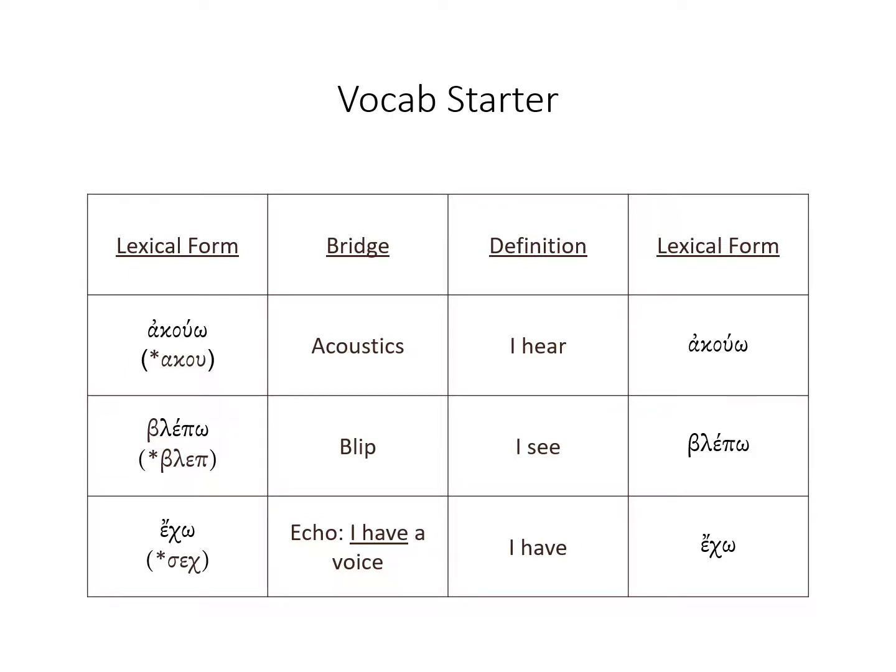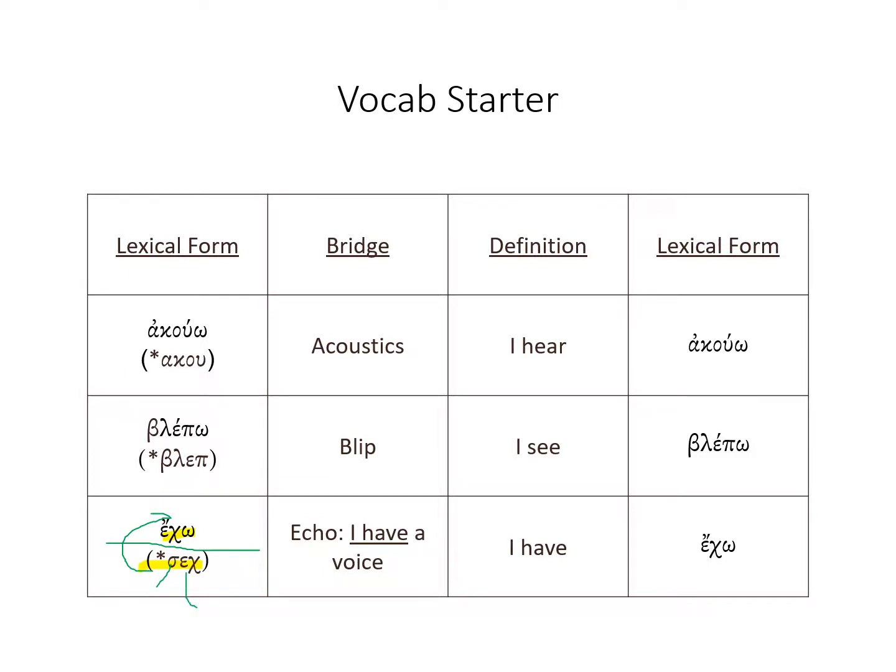Consider for a moment this line that separates sech, the root, from echo. How do we get from sech to echo? Well, as Mounce notes on page 168, this sigma drops off.